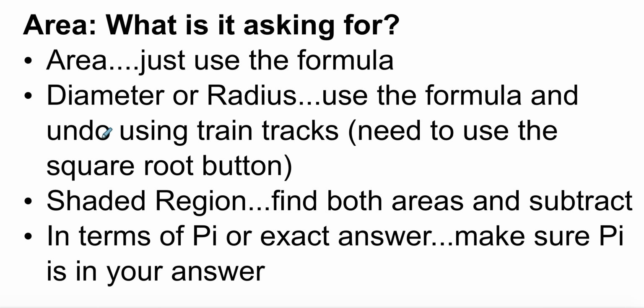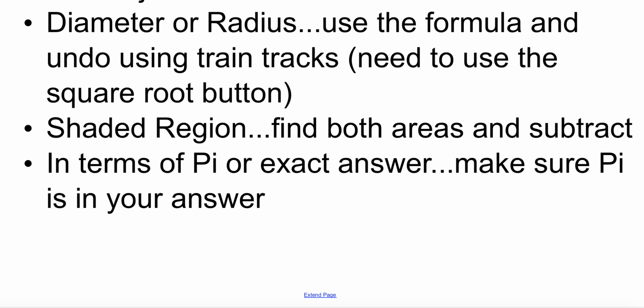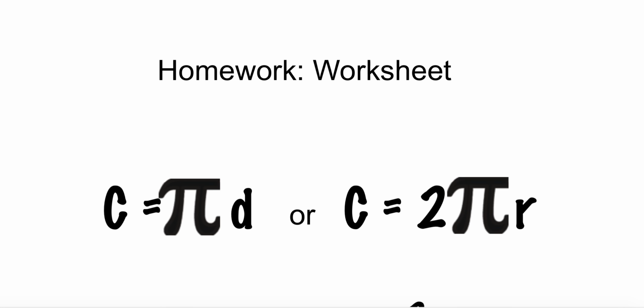If I have to find the area of the shaded region, I find the area of both and then just subtract. And if I need to find it in terms of pi or an exact answer, once again, I need to make sure that I have pi in my answer. This is pretty heavy, deep, note intensive, but if you just stick with those two formulas and plug in the data you know, it's really not that bad.